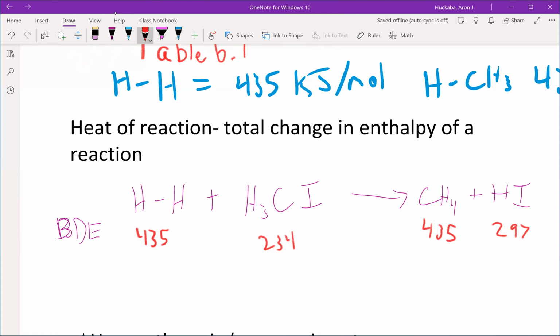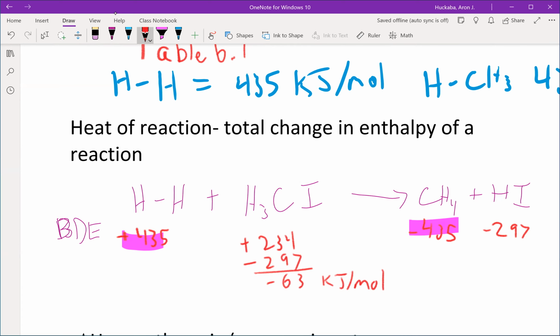So now we just need the total across the bond. So we add positives to the energies here because it takes energy to break these bonds. And we add negatives to the energies in the product side because we get energy from breaking those bonds. The 435s in each case cancel out. So you're left with plus 234 minus 297. That gives you negative 63 kilojoules per mole.